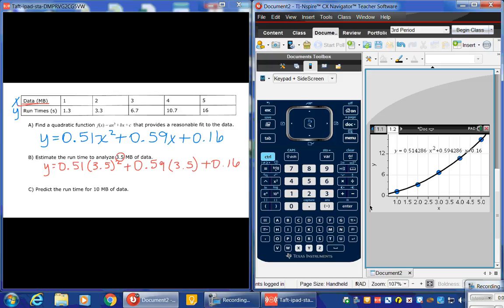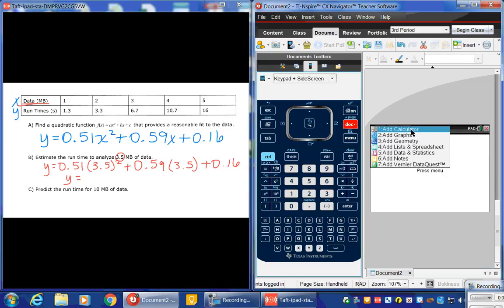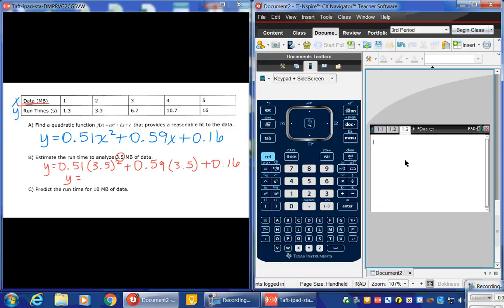So our runtime, y, equals, and here I'm just going to add a calculator page, and we can type that in. So I have 0.51 times 3.5 squared plus 0.59 times 3.5.